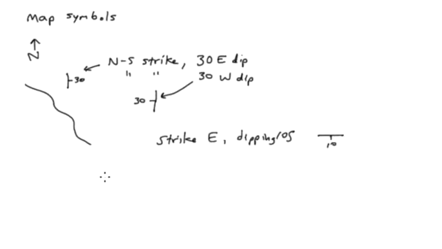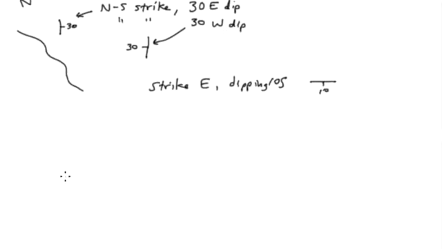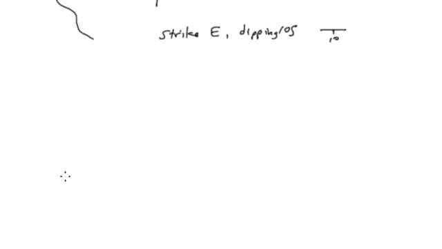There are two conventions we use for the compass directions, for the strike. And these are given in the lab as well, so you can take a look at that.